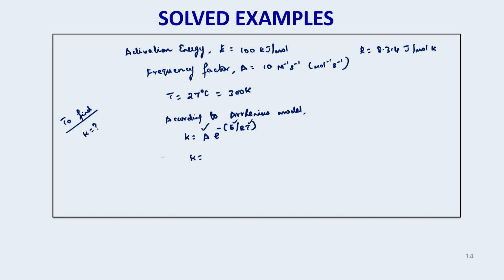k is equal to A, which is 10, small e power minus, that is 100 kilojoule, divided by R, which is 8.314, into temperature in Kelvin, so 300.